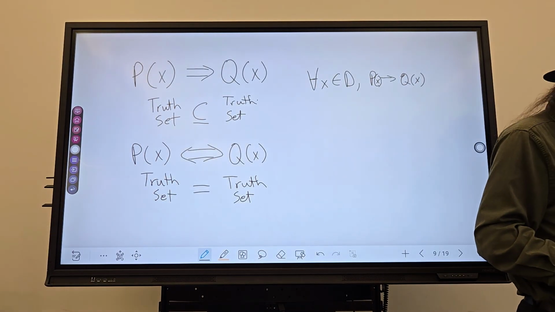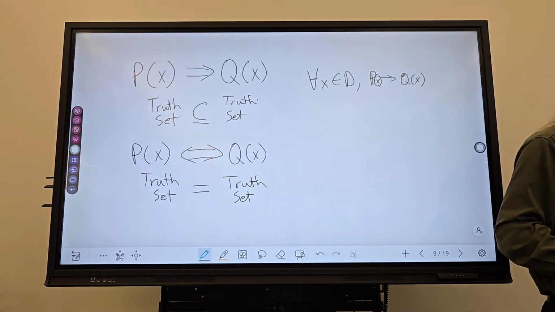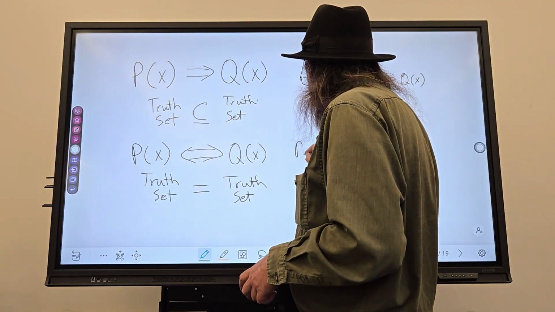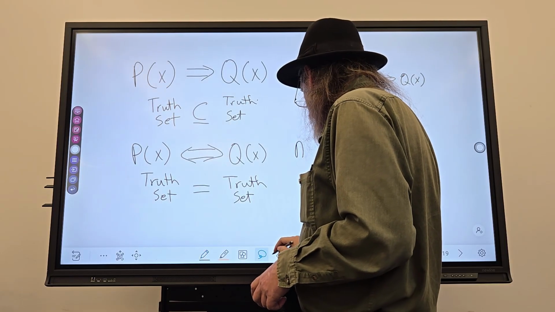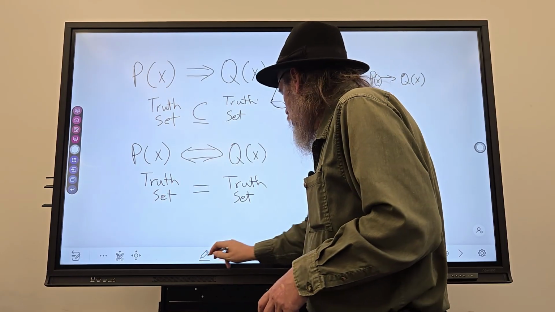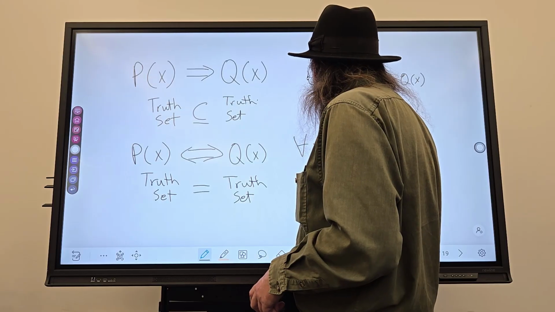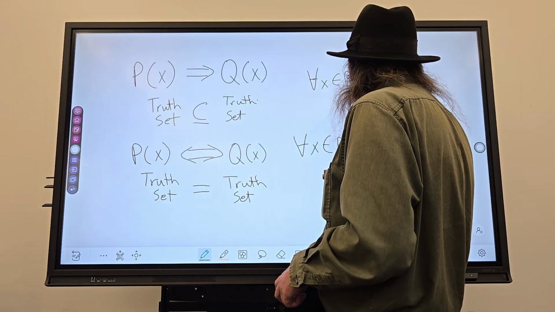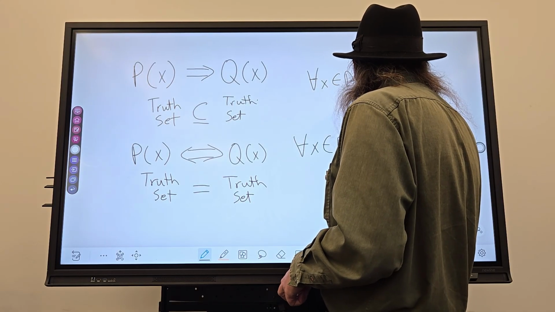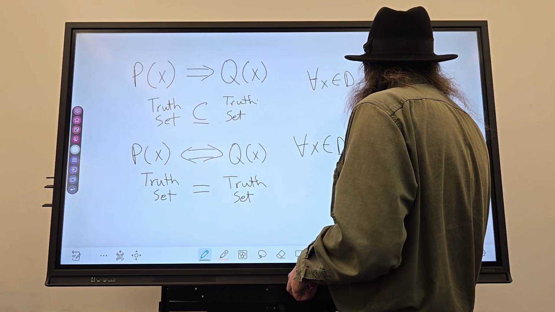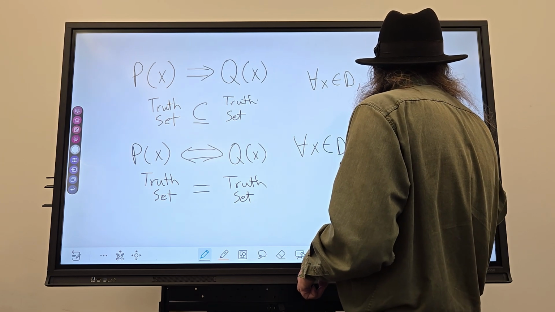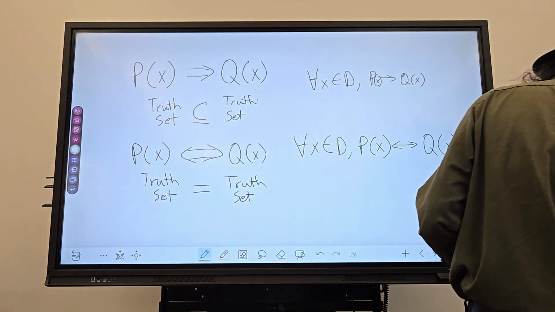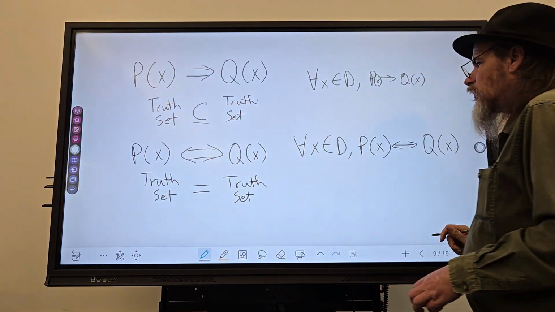They have identical truth sets, or equivalently, you can write it that way as well.